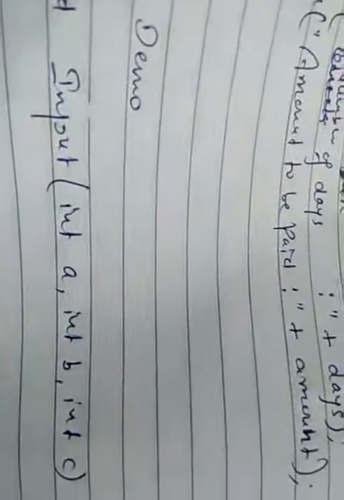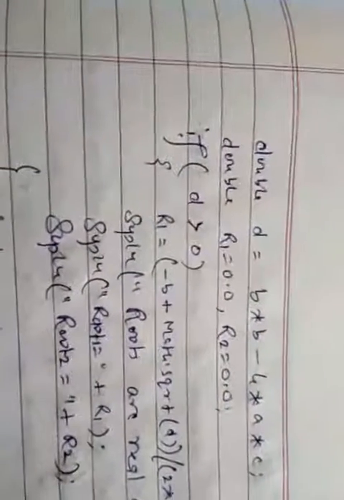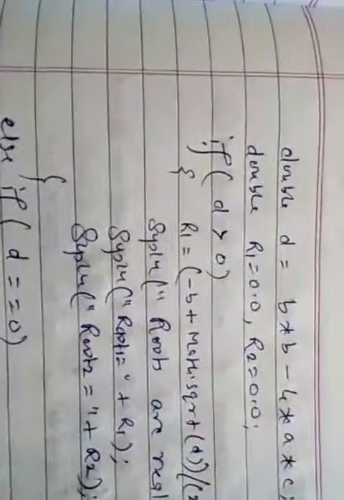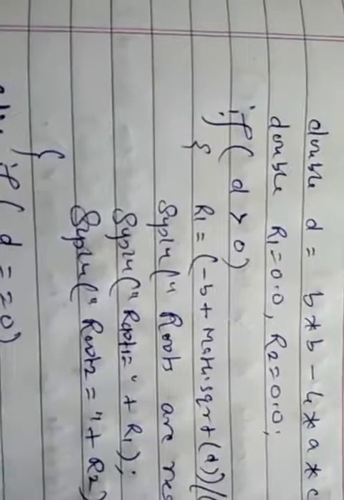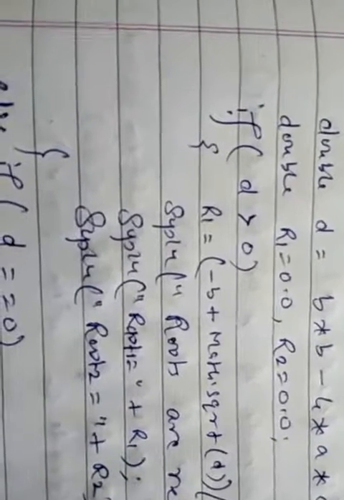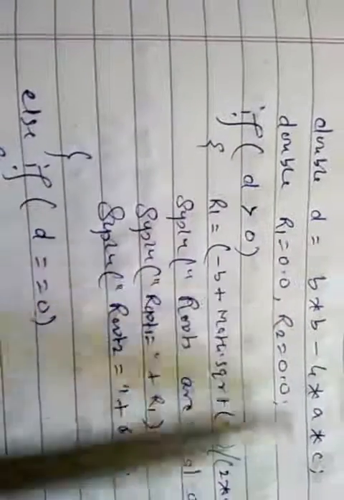So here we have inputted the values of a, b and c, and now we are taking a variable d and storing b square minus 4ac in it, and double r1 equals 0.0, r2 equals 0.0. And here is the first condition: the value of d is b square minus 4ac.